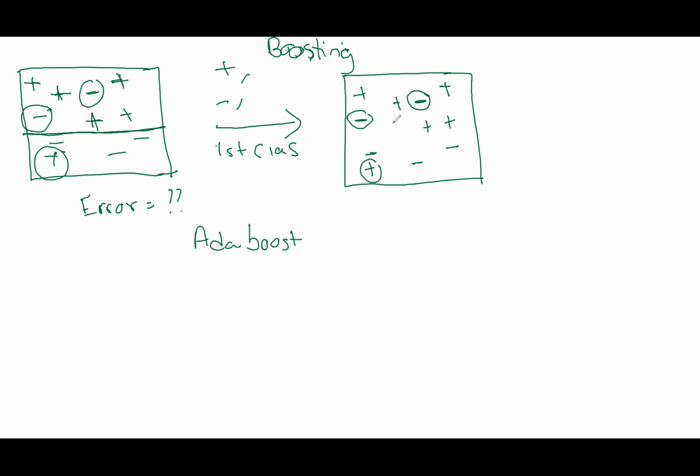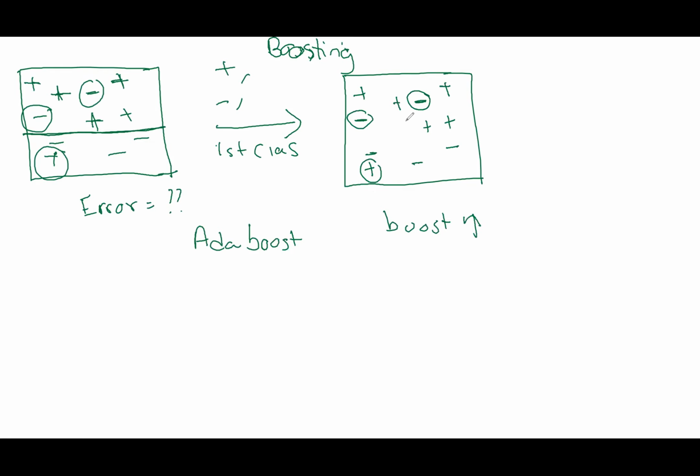So when you give it more weightage, the second time you're boosting the features which have been misclassified. You're applying a boost to them. So when you apply a boost by giving additional weights, the next time you ask the classifier to classify, it'll ensure that these are classified correctly.